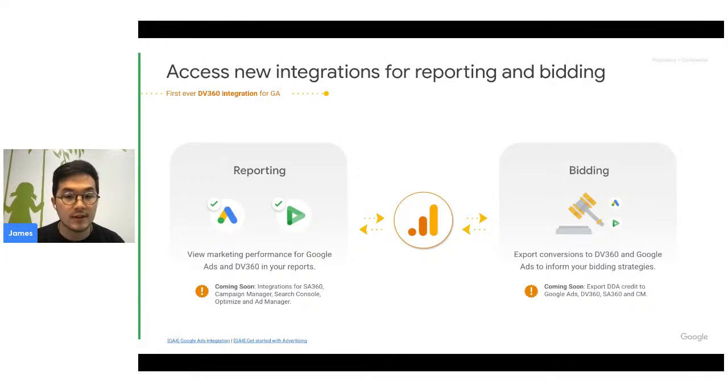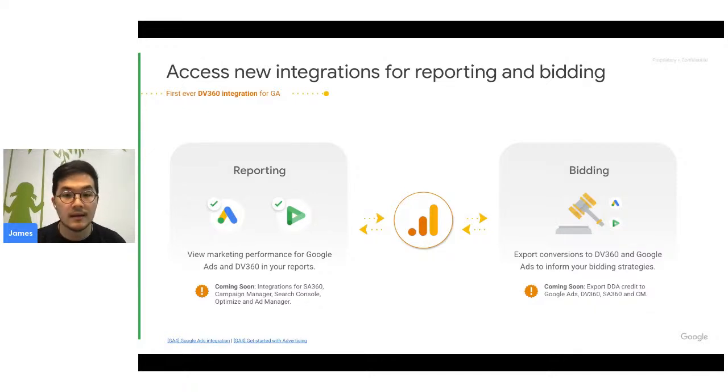Previously, we were only able to connect DV360 from GA360, which is the enterprise version, and then you can connect GA360 with DV360. But for GA4, the feature is now available for our free version customers, which means you don't really need to upgrade to GA360, and you can also enjoy the benefit of integrating GA4 conversions into DV360.